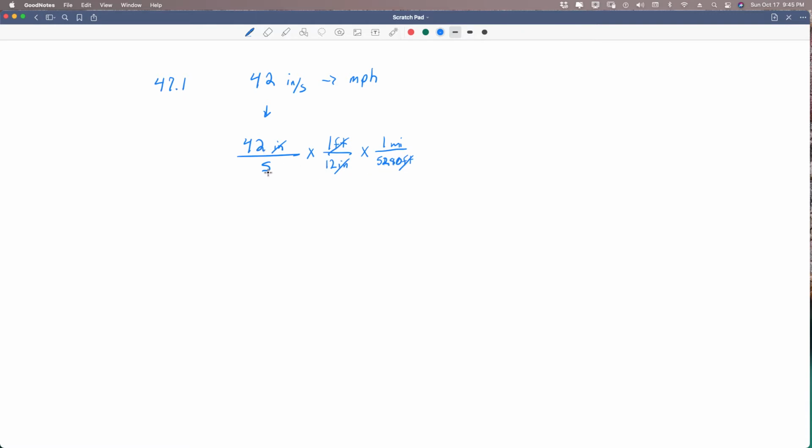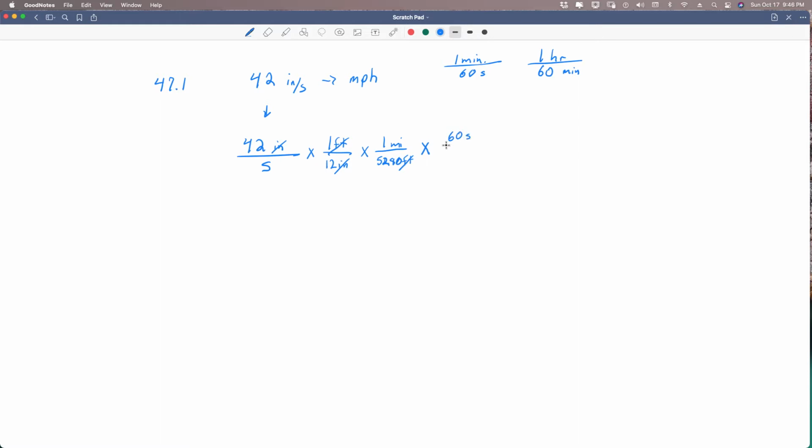Now we have to go from seconds to hours. So we know that in 1 minute, we have 60 seconds. And in 1 hour, we have 60 minutes, right? So now we have to put that in. We have seconds on the bottom, so now we need to put seconds on top.